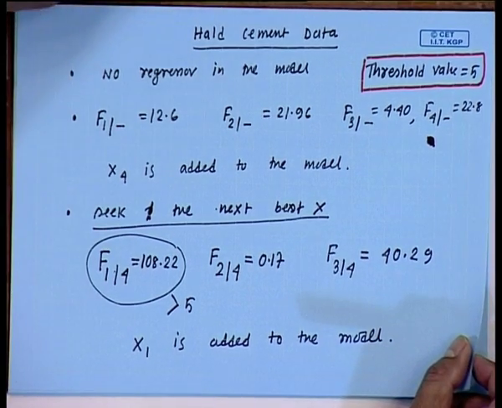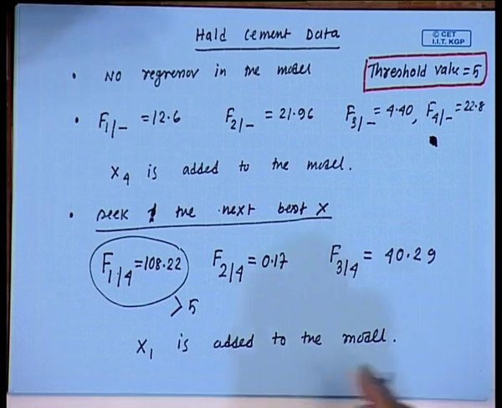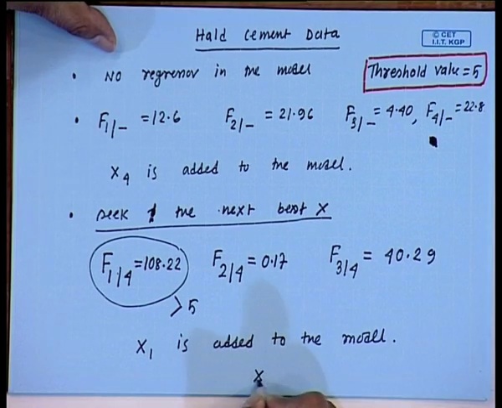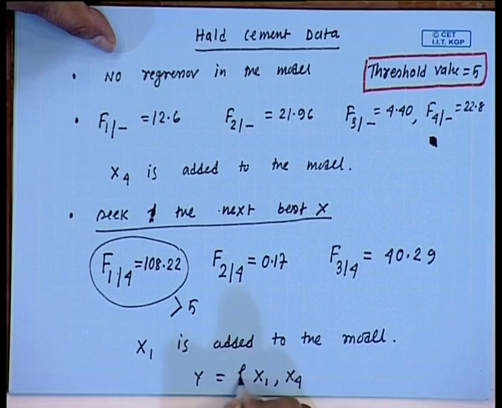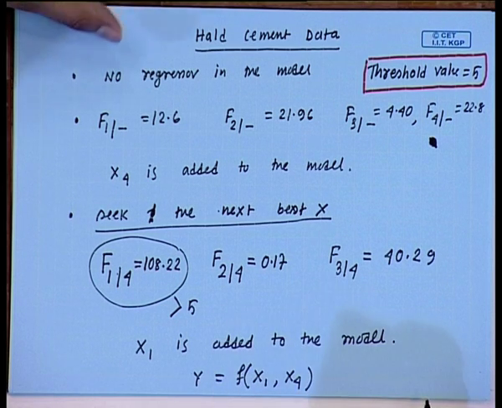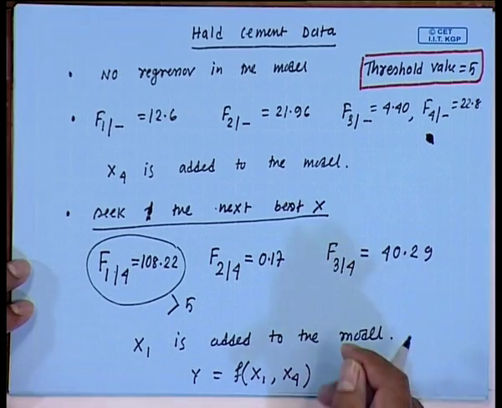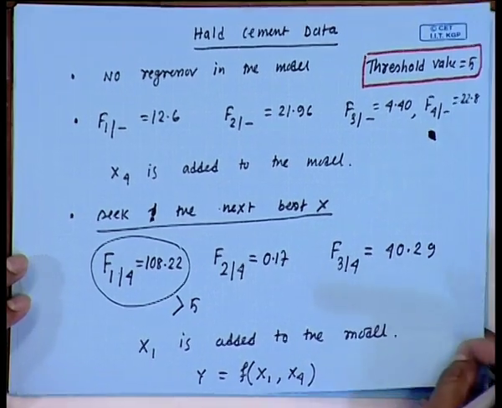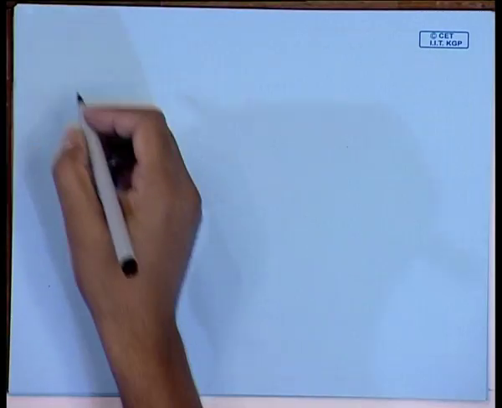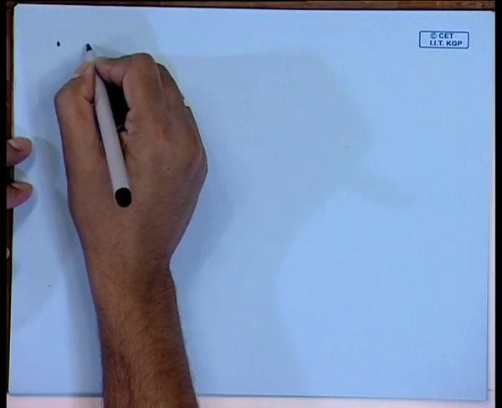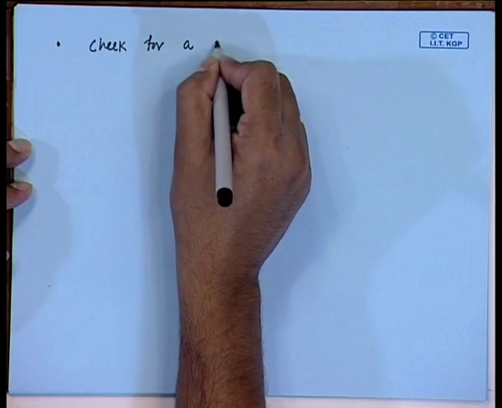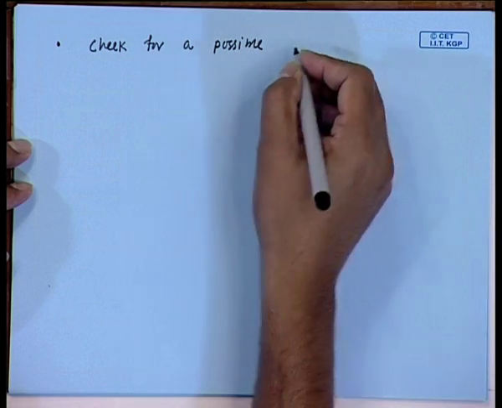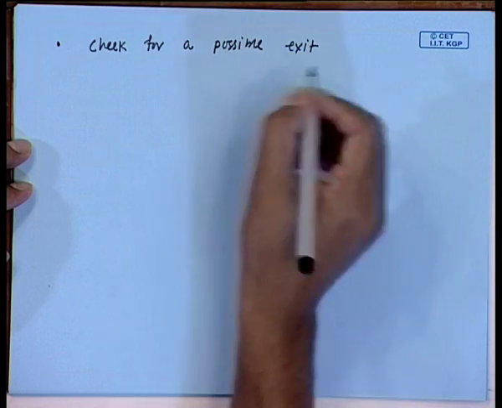Now, at this moment we have x 1 and x 4 in the model. So, y is in terms of x 1 and x 4 at this moment. Now, this is the difference here: in the next step we check for a possible exit.